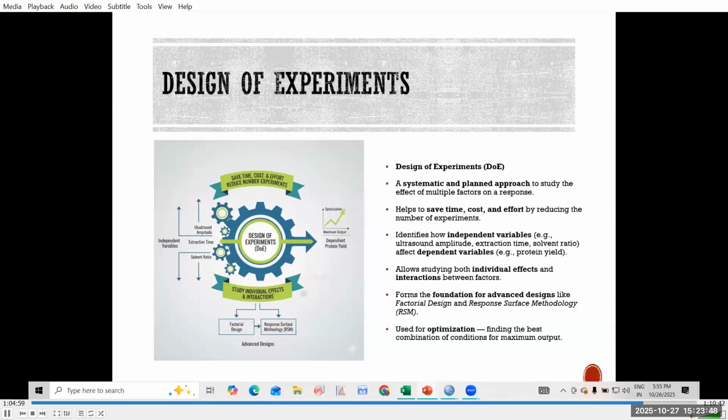Later we can move to response surface methodology, where we use even more advanced designs like Box-Behnken design or central composite design to build 3D surface models. These models help us predict and optimize the responses, like finding the perfect conditions for ultrasound amplitude and time, and optimizing the solvent to solute ratio to maximize the protein yield.